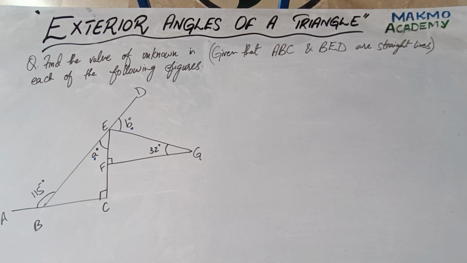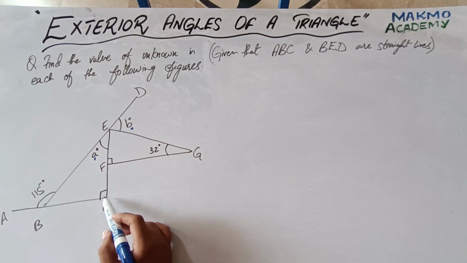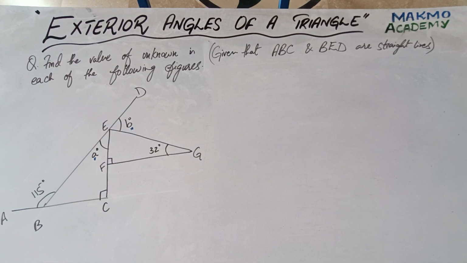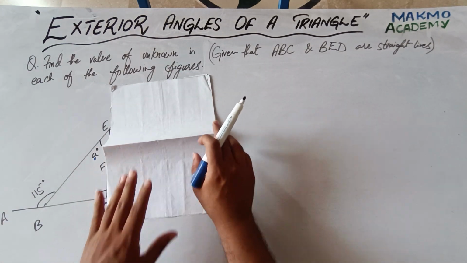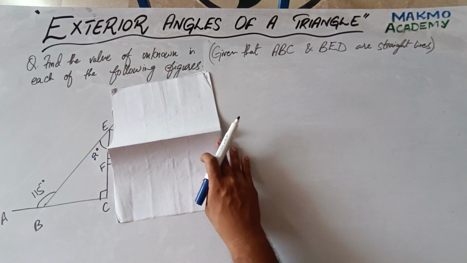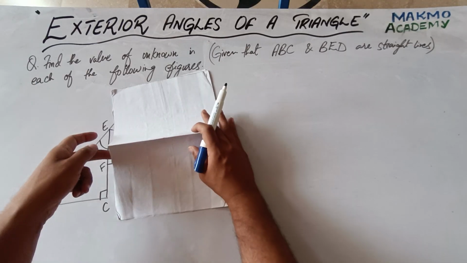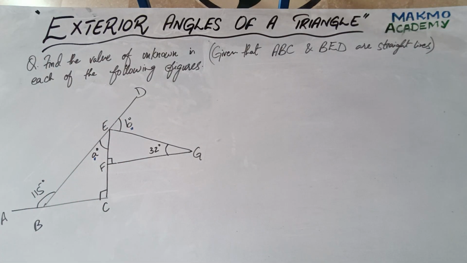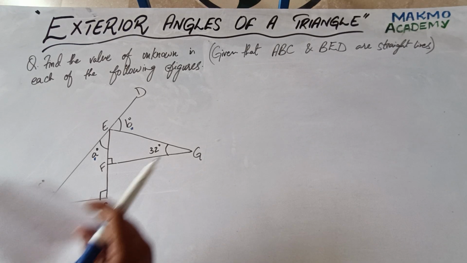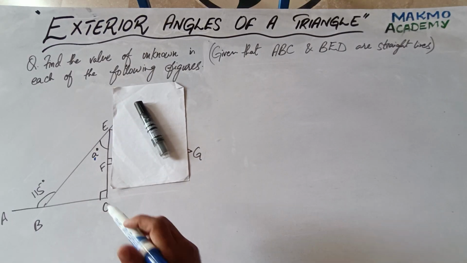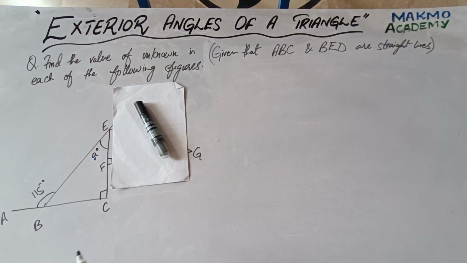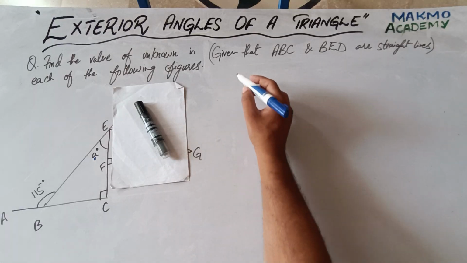So there we go. If we look at this figure and hide the rest of the figure, this one. Now what you can see is one triangle, and this is the exterior angle.